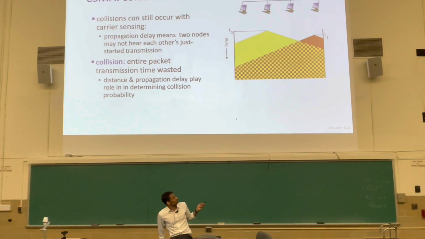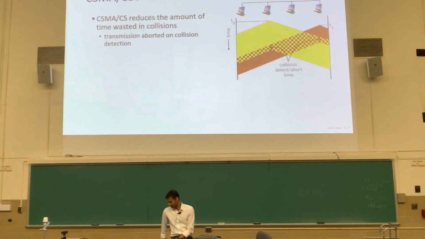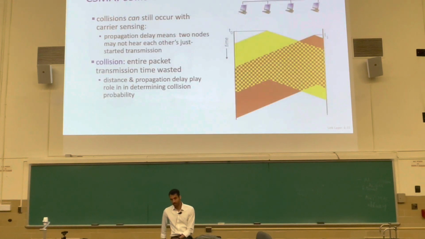They will wait for a little bit of time to ensure that a collision is happening. They'll sense it for a short period of time to know that, okay, there is indeed a persistent difference between what I'm transmitting and what is on the wire. So this must be because somebody else is also transmitting. And at that point, they are going to abort the transmission instead of following through.